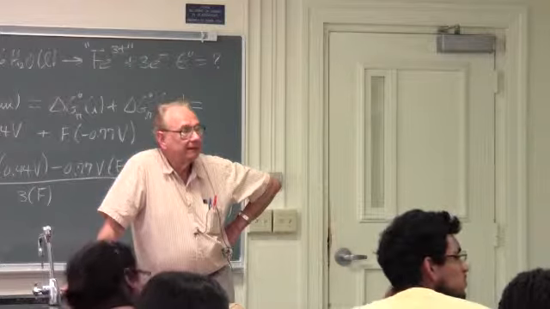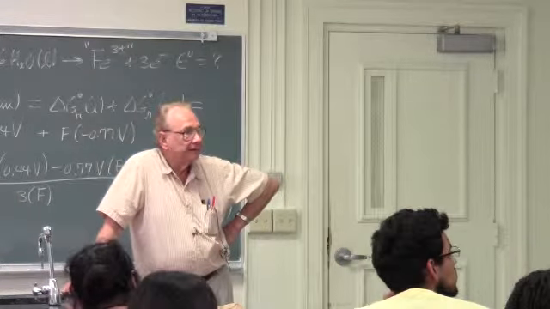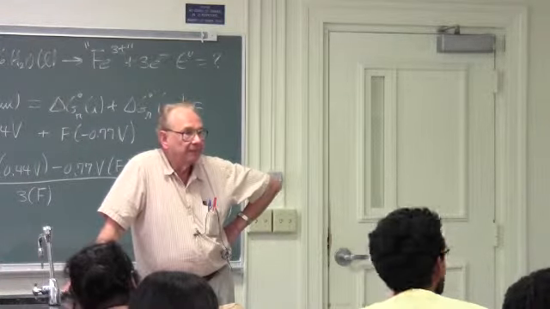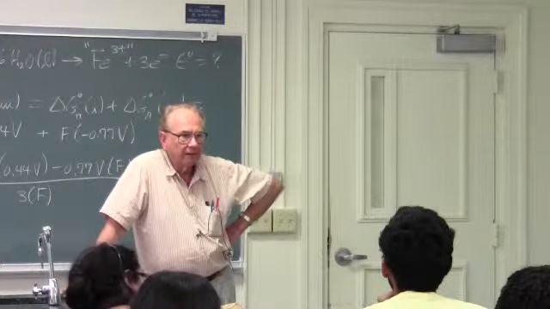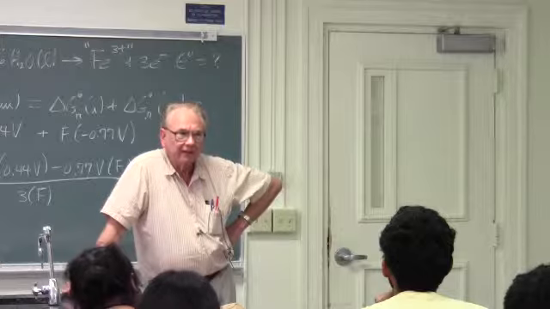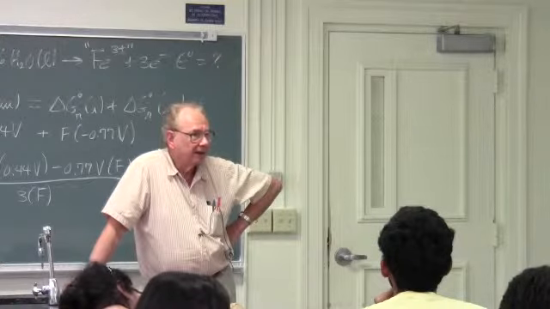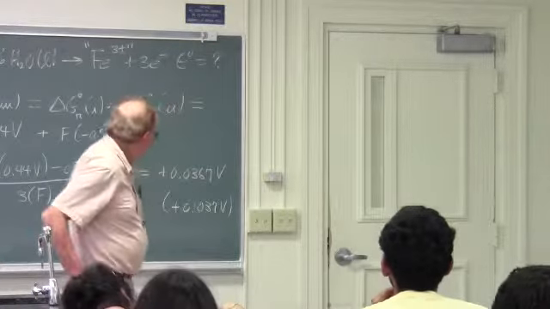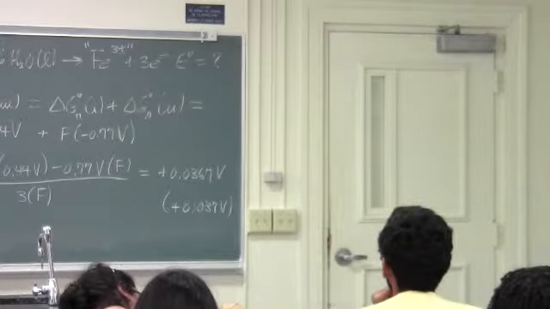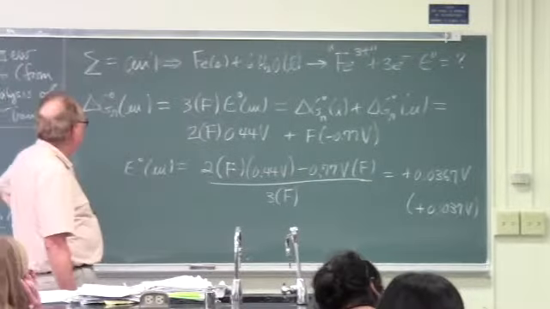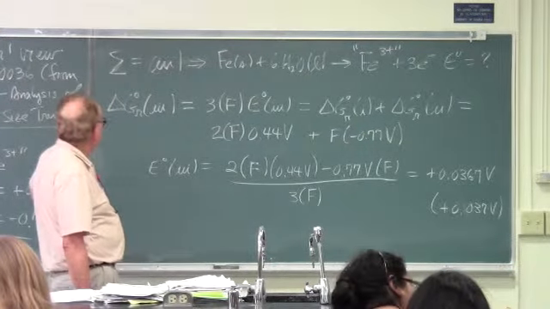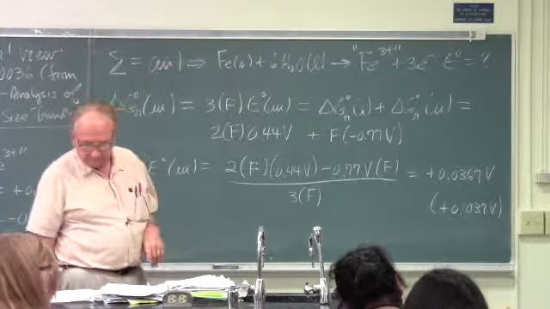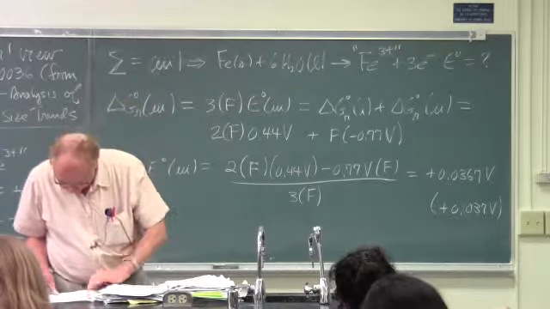On the delta G over there, if it's equal to negative n F E, where does the negative go in that equation? I don't know what your question means. Like, is there a negative sign missing in that equation? If it's delta G of, isn't it equal to negative n? Can I leave out signs? Let me see here.